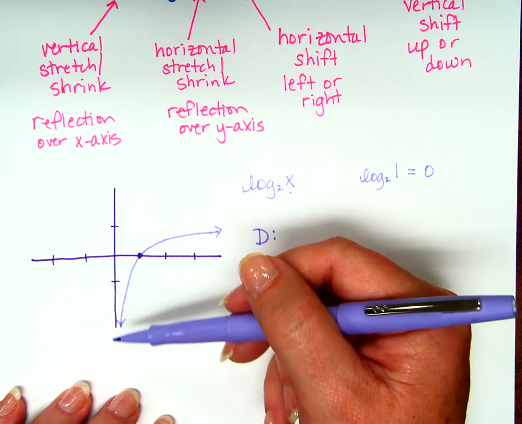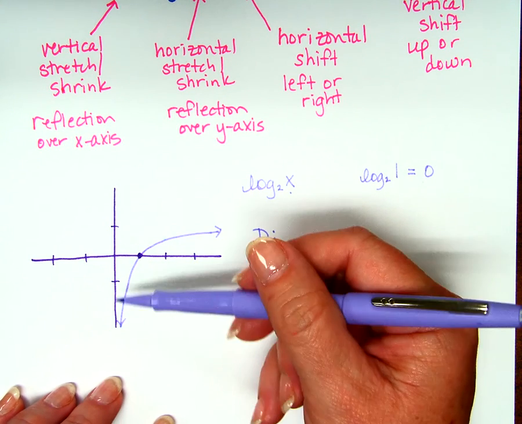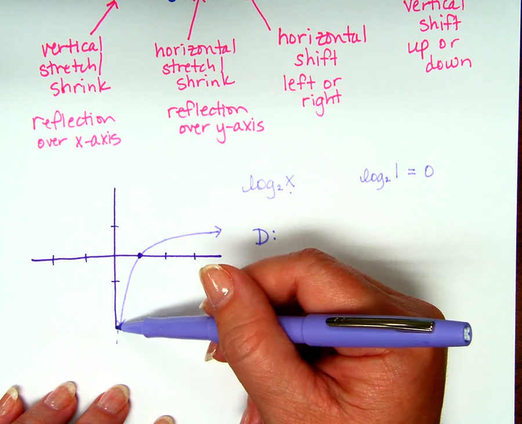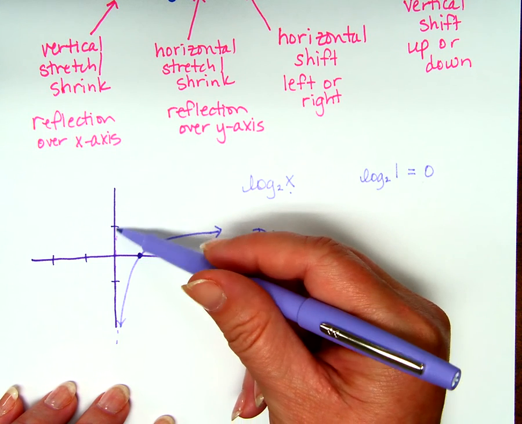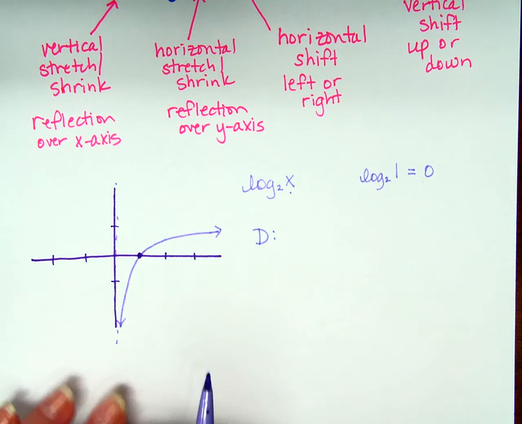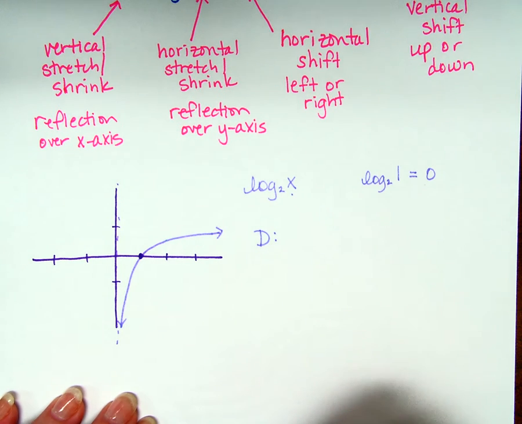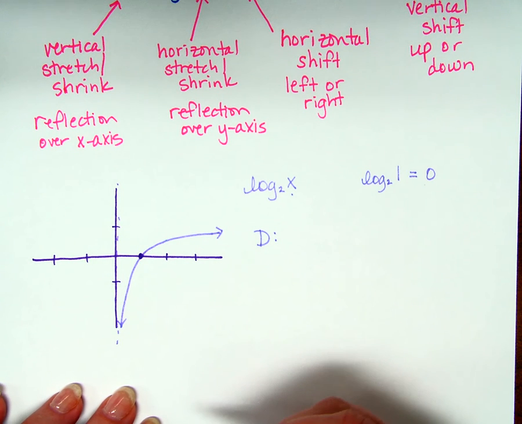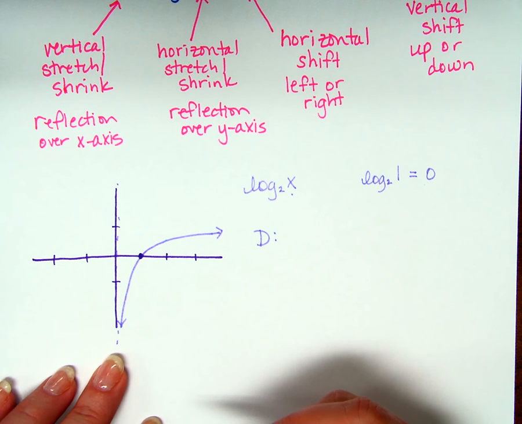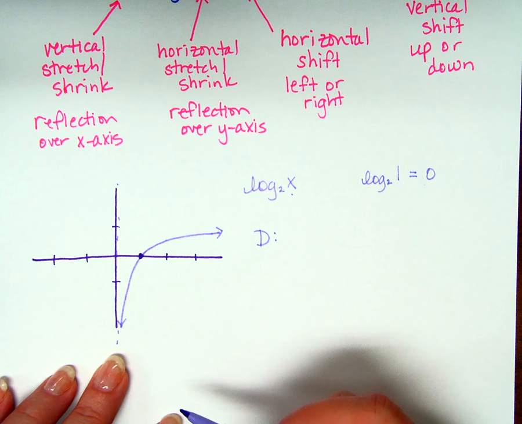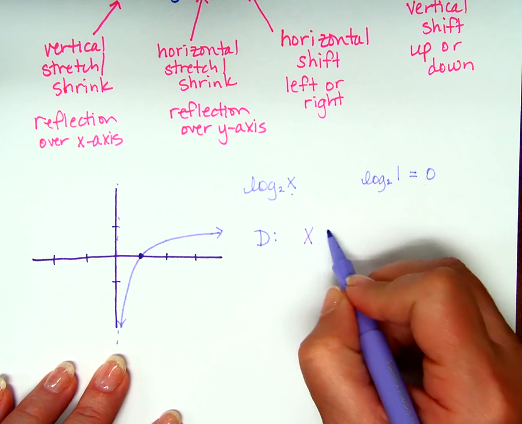What exists right here on the axis? I would draw it dotted if you could see it. That's an asymptote, isn't it? Okay, that's an asymptote right there, so it's not ever going to cross that line, is it? So how far to the left does it go? Only to 0, right? Only to 0.